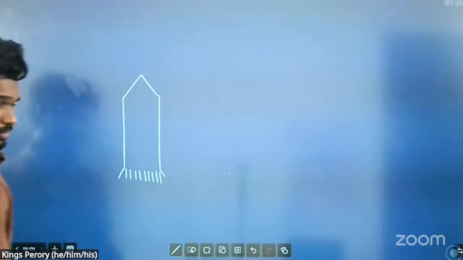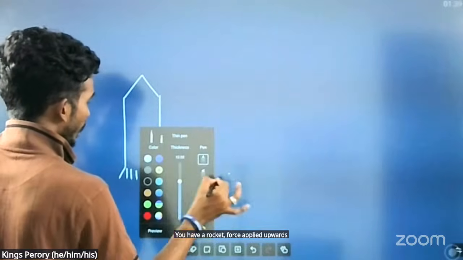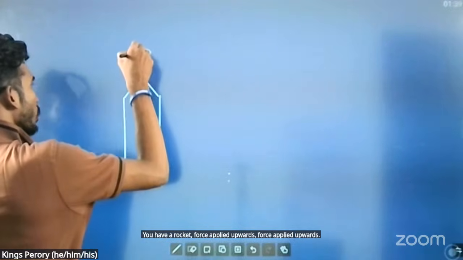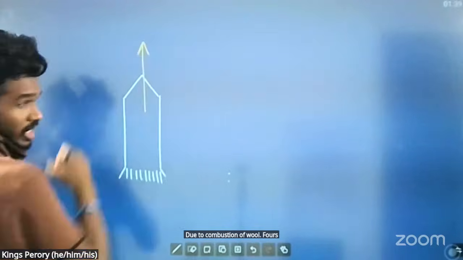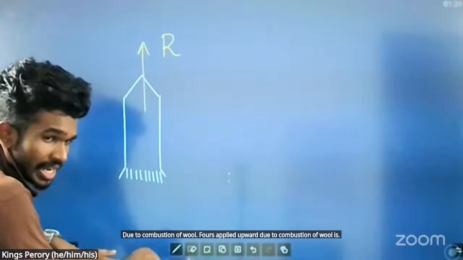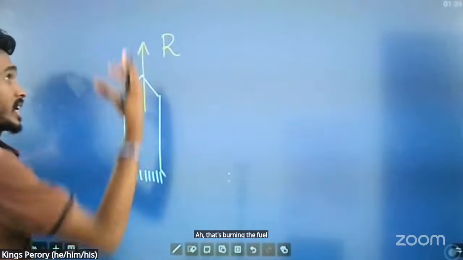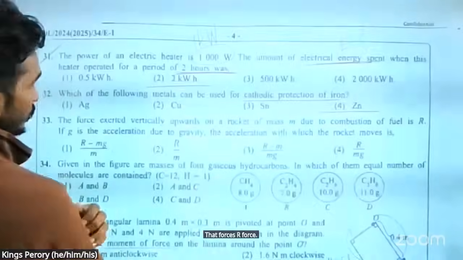You have a rocket. Force applied upwards due to combustion of fuel is R. So it's burning the fuel, and from that creating a force, that force is R force, right?